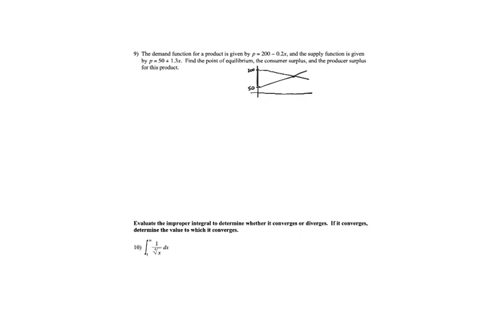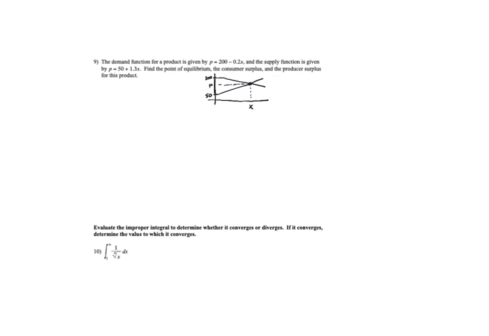So the intercept there at the equilibrium, okay, this is the number of units, and this value here is price. To find the equilibrium point, we solve a system of equations where we set supply and demand equal to each other.